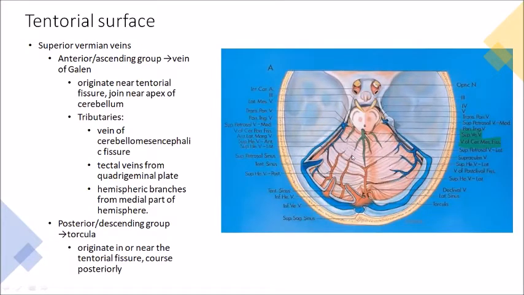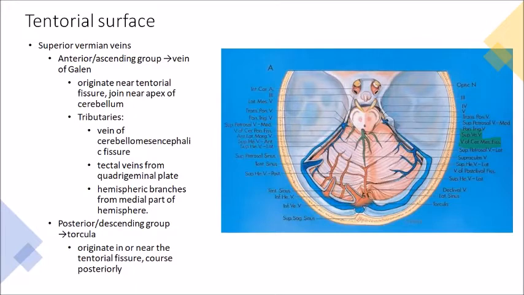As you can see in this picture, they have been color coded according to the drainage system: green as they drain into the vein of Galen, blue as they drain into the superior petrosal sinus, and red indicating those that drain into the torcula.